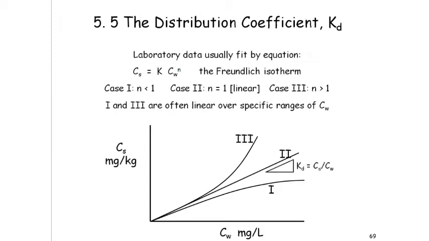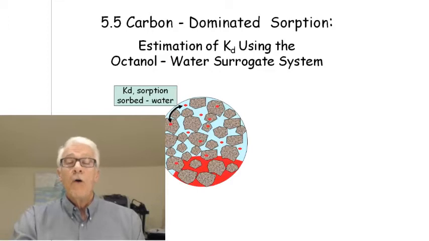Our Kd is really only defined for a linear isotherm, but in numerical models we can actually handle different isotherm types. But we really want to stick at this stage with a linear model. Note that even the curved models 1 and 3 are linear for a considerable range. So as long as our interest is within those ranges, we probably can apply a linear model without a large uncertainty. So, besides doing experiments, we indicated we can do an estimation with literature values and a few little measurements.